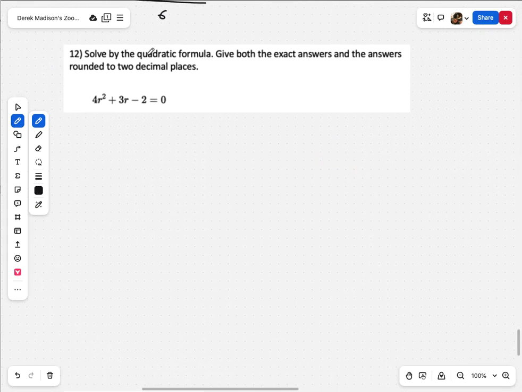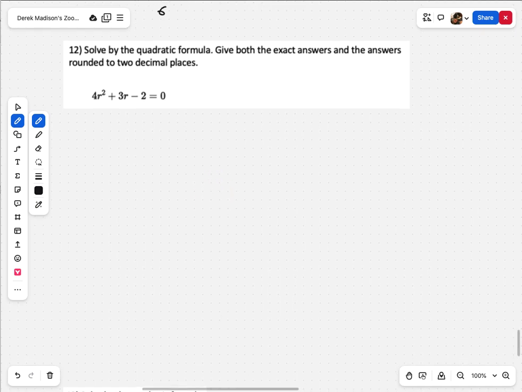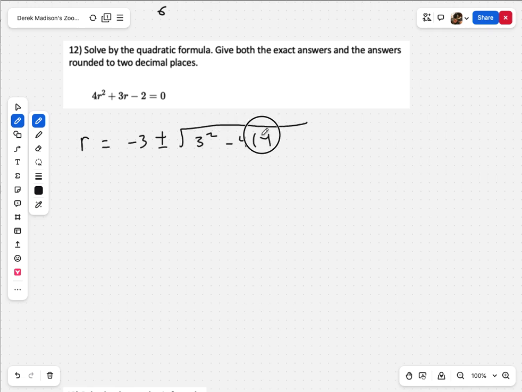This next one is supposed to solve by the quadratic formula, give both the exact answers and the answers rounded to 2 decimal places. So that's a pretty good sign that that one doesn't factor, since we're going to get answers to 2 decimal places. So let's see, this time it's going to be r equals negative 3 plus or minus 3 squared minus 4 times a times c all over 2 times 4.